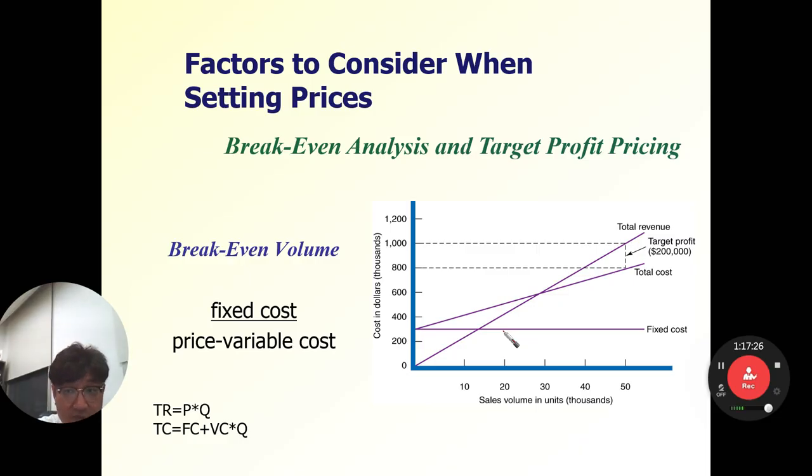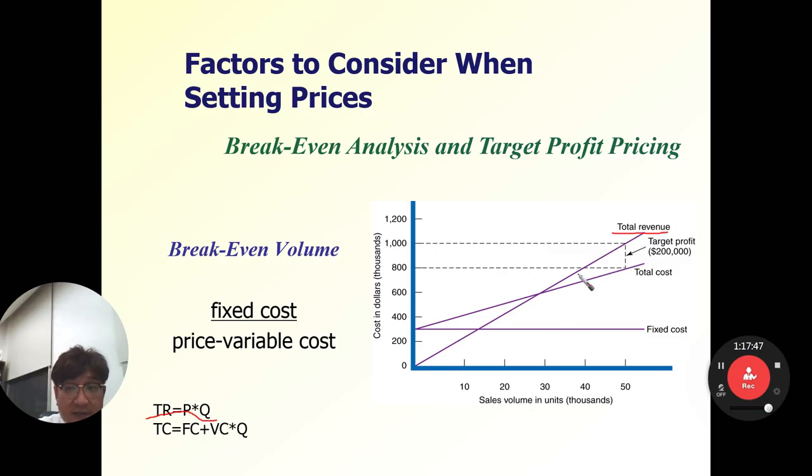You need to think about this. How to calculate total revenue? Total revenue is P times Q. You multiply price with this quantity.